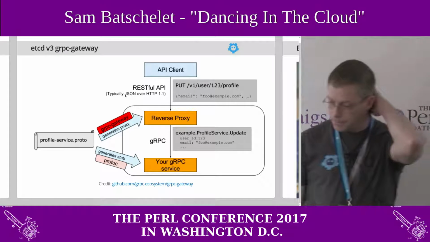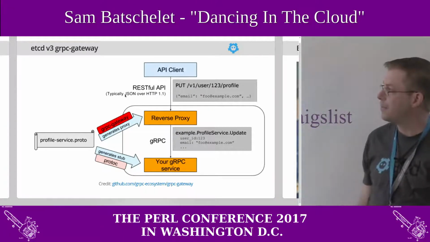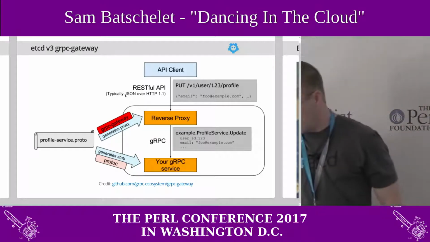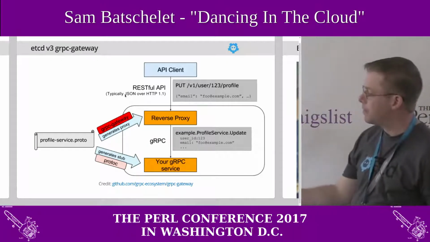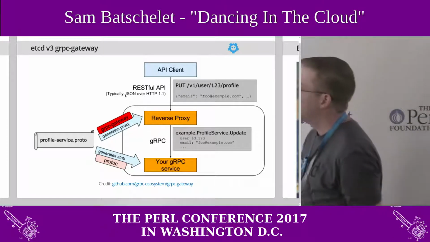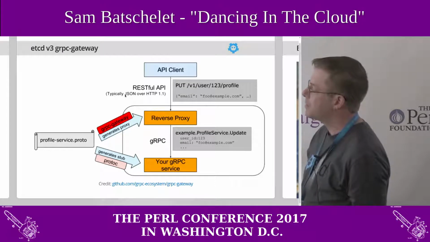So here's a definition slide, a visual of how that works. You've got the proto file that we talked about before, whether it's defining authentication or whatever service it may be. And then basically it splits into two different definitions.